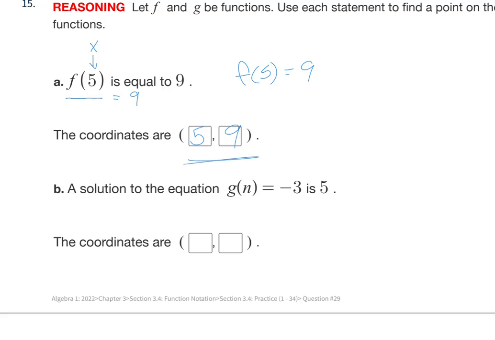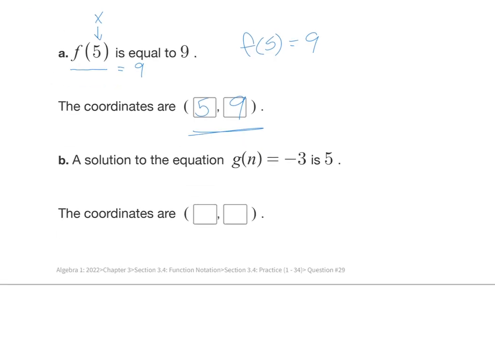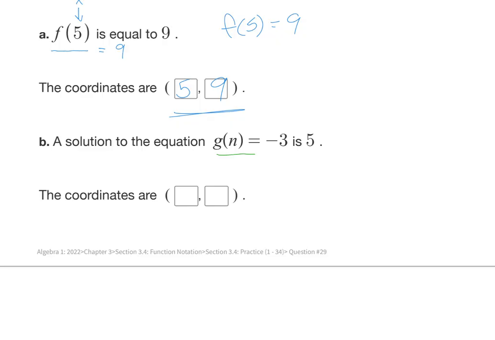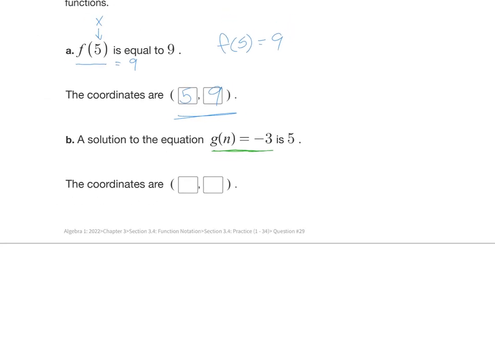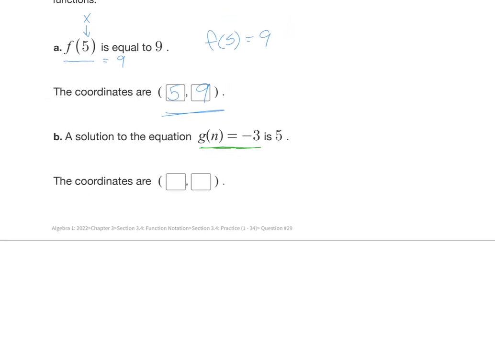A solution to the equation g of n equals -3 is 5. Okay, so that is worded in a fun manner. They're saying, hey, g of n equals -3, but currently, do you know what n is that would make this be our answer?